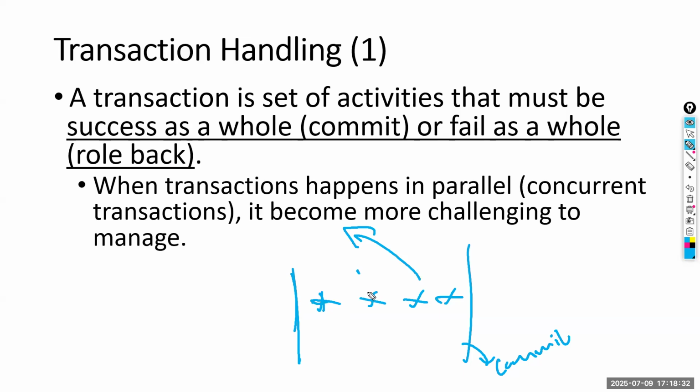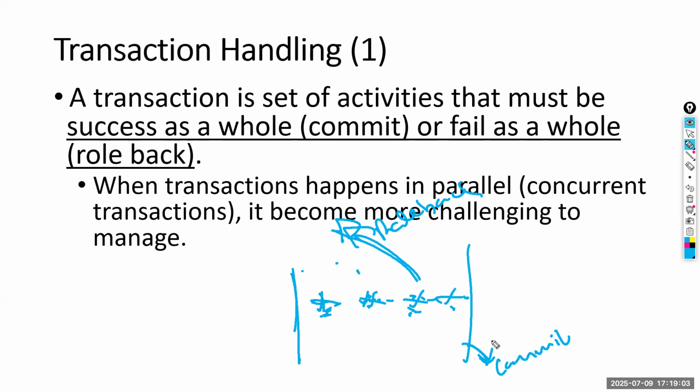Say this is success, this is success, this is fail. Then you can't say three steps are success and two steps success, other two fail. Then you need to roll back. That is what is meant by success as a whole. Then we commit it, or fail as a whole. Fail as a whole means if these two succeed and this fails, you undo these two, so that it's like nothing happened.